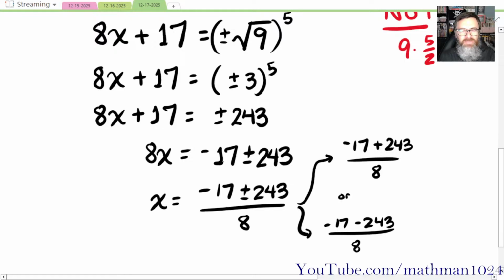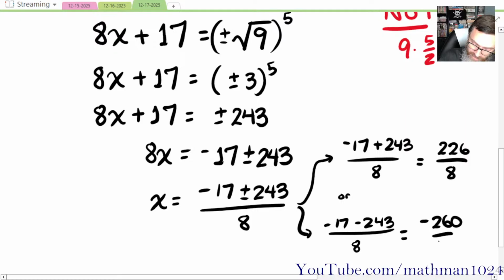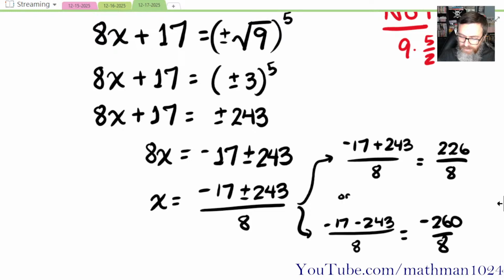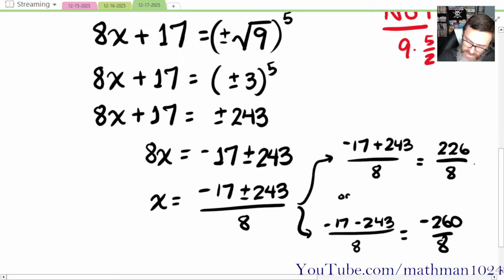And so here, this is just an exercise of simplifying fractions. Let's make sure I don't make a careless mistake here. So this is going to be 226 over 8. Yep. And this is going to be negative 260 over 8. We can reduce these. I'm running out of room. I did not space this well.